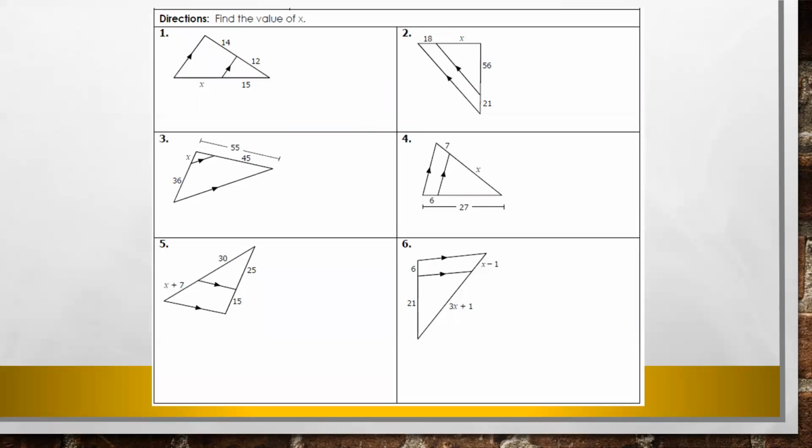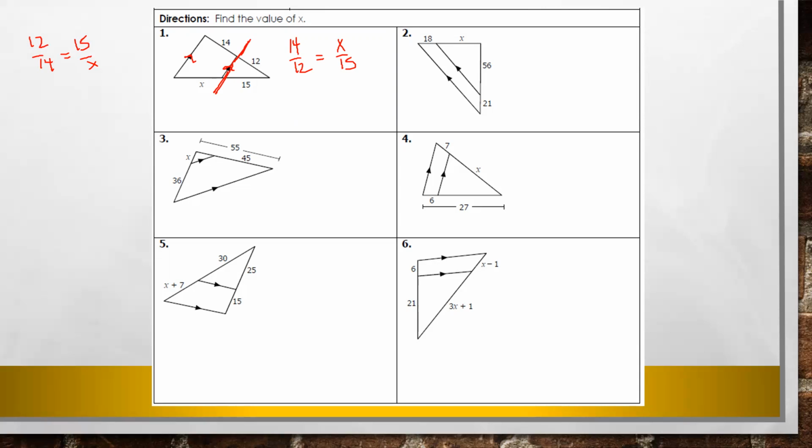So here in number one, we have some parallel lines. According to this triangle proportionality theorem, these parallel lines are splitting the triangle proportionally. So think of that interior parallel line as your fraction bar. You could say 14 over 12 equals x over 15. You could have also said 12 over 14 equals 15 over x.